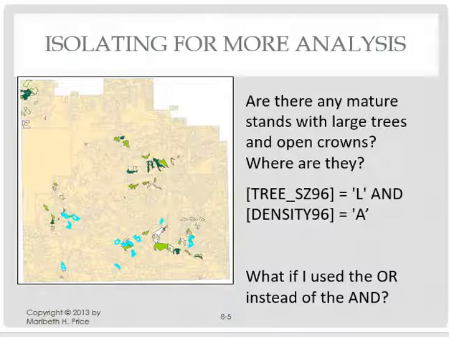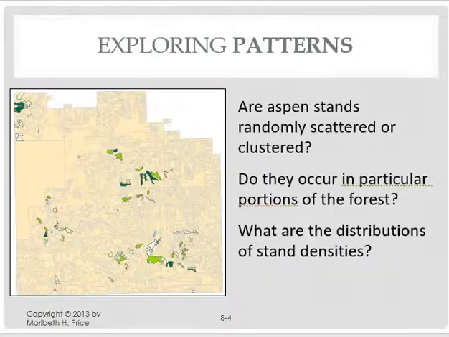So in this case, if I said from one attribute field tree size equals L, or from the other attribute field density equals A, in reality I would select every single attribute in that feature class. So you have to really think about, not sometimes, all the time, what it is you're trying to select for.